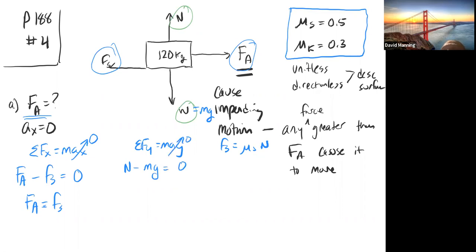This object is not accelerating up or down. N equals mg. N equals 120 times 9.8, which is 1176 newtons.